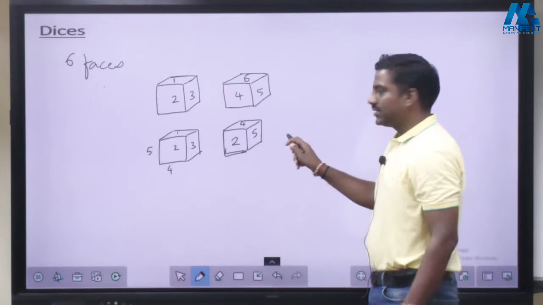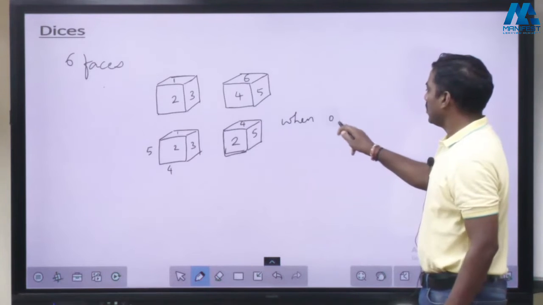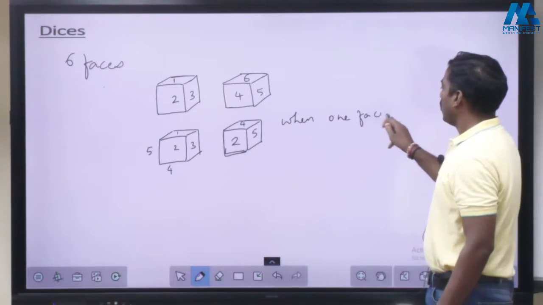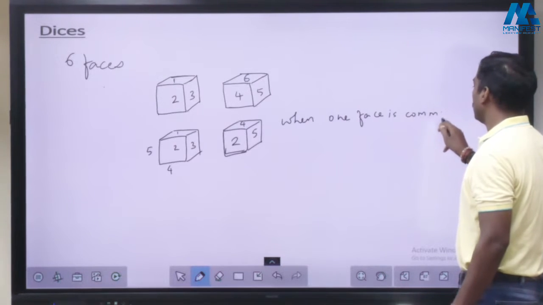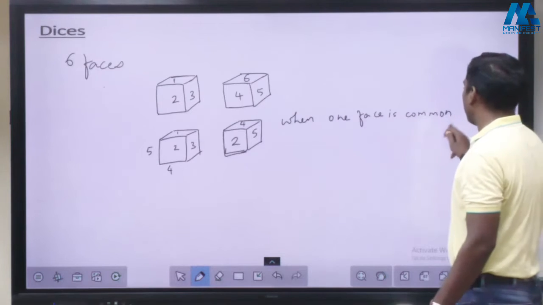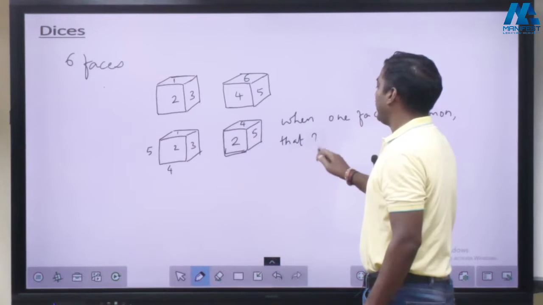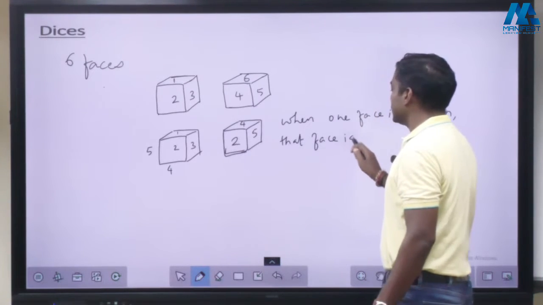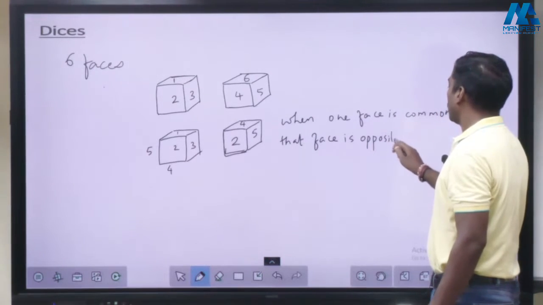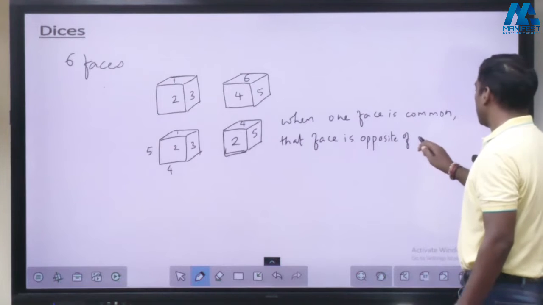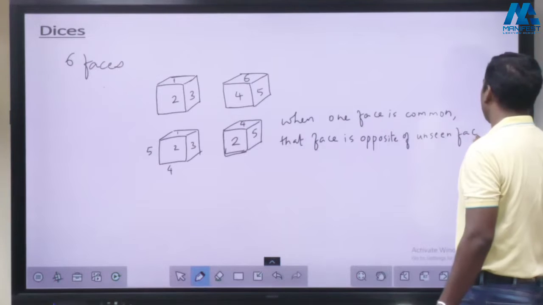So in this case, when one face is common, that face is opposite of the unseen face.